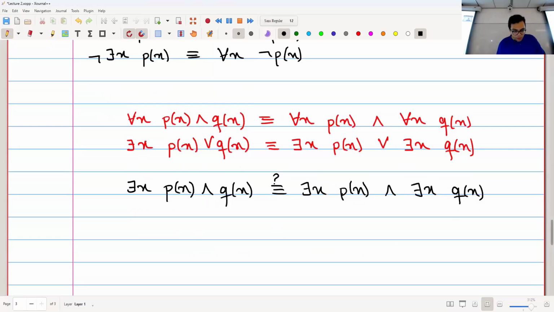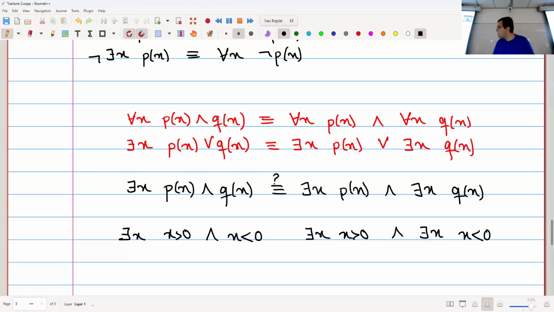Let's say that my universe is real numbers again. And let's say P of x is x greater than 0, and Q of x is x less than 0. Then on the other side, I will have that there exists an x that is greater than 0, and there exists an x that is less than 0.